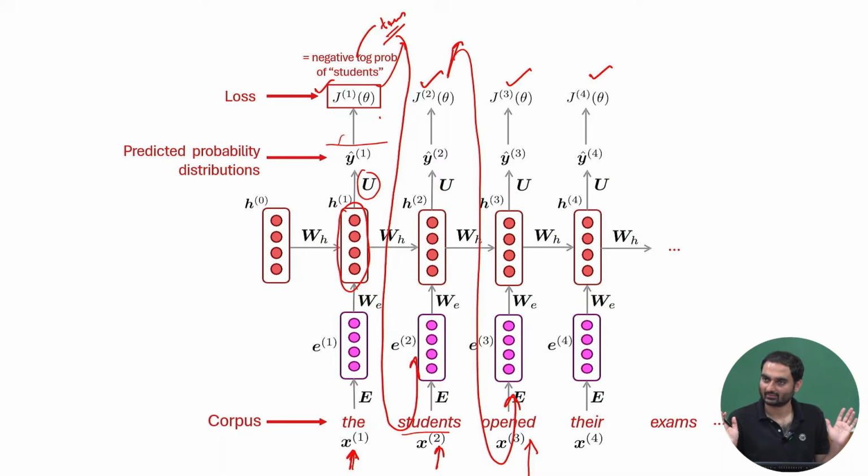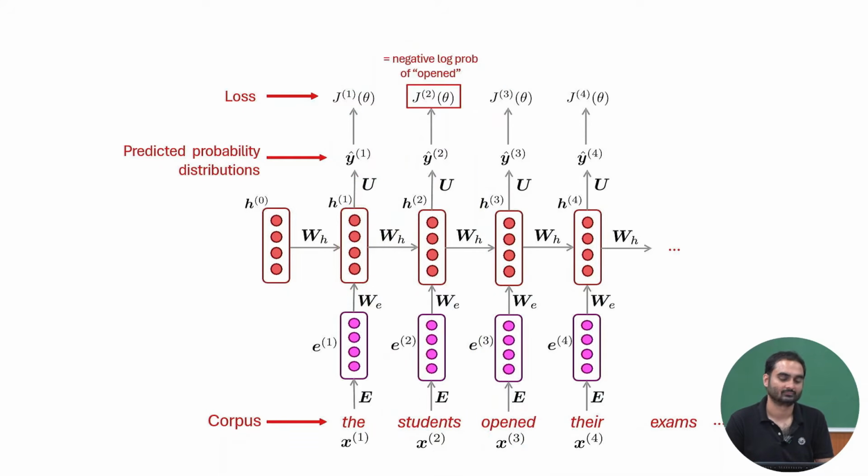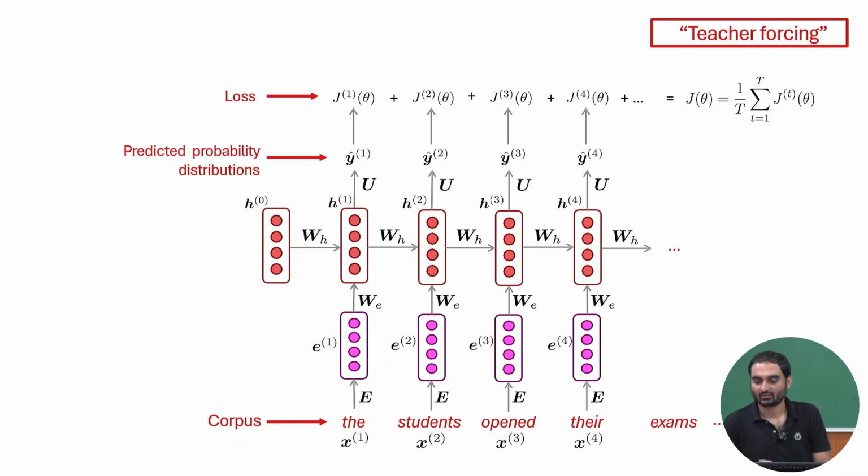So there are two paradigms. In one paradigm, whatever output you obtain, you feed that output as an input to the next layer. The other paradigm is that whatever ground truth input you have will be your input to the next layer. If the ground truth is fed to the model and the output is not fed, it's called teacher forcing.